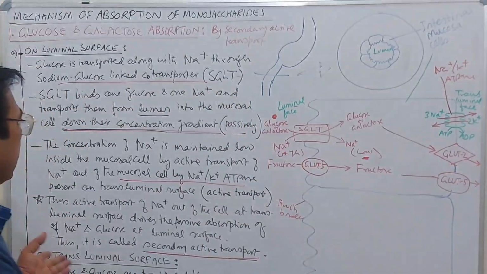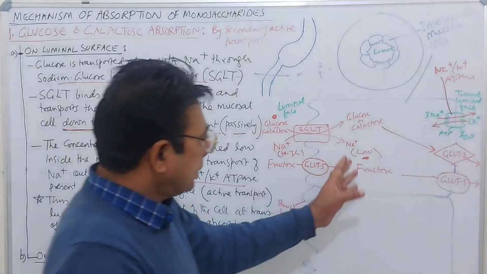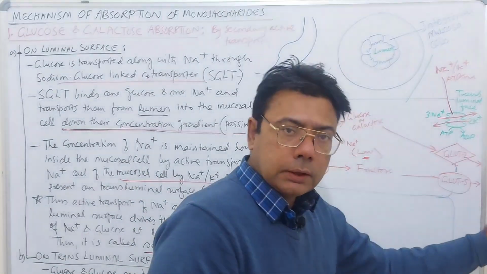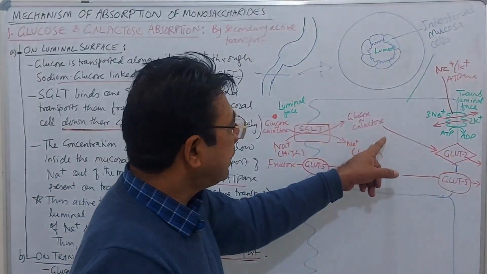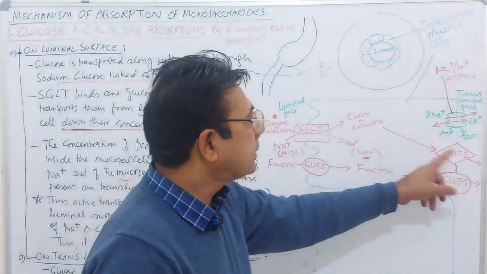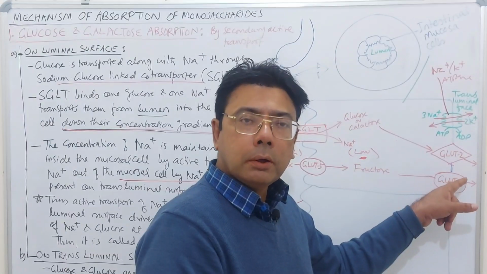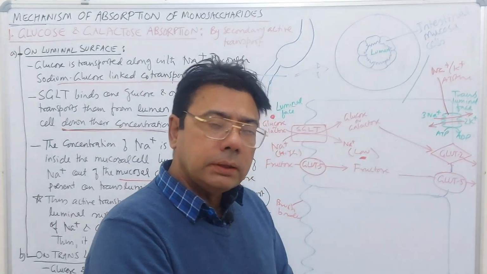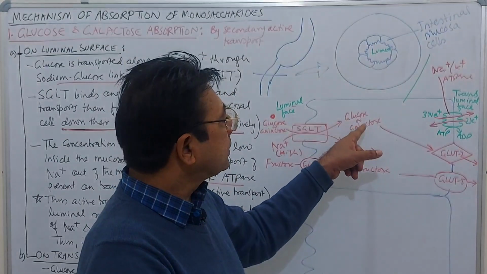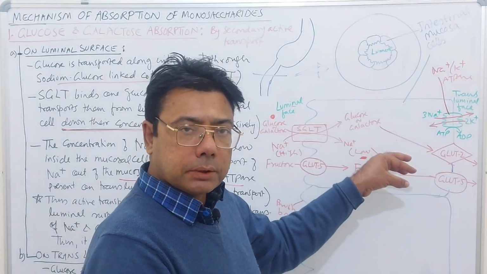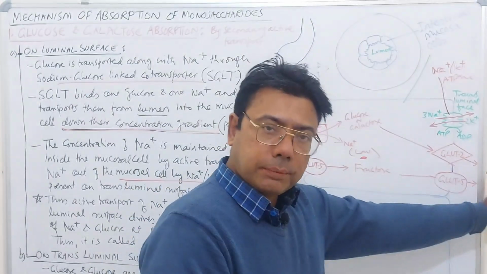Now coming to the transport of this glucose or galactose across the transluminal phase. You see that this involves a different mechanism, and it is transported by molecules called GLUT2 transporters, which transport the glucose or galactose molecules which have already come inside the mucosal cell through a passive mechanism.